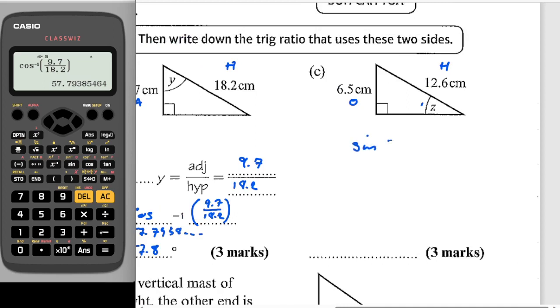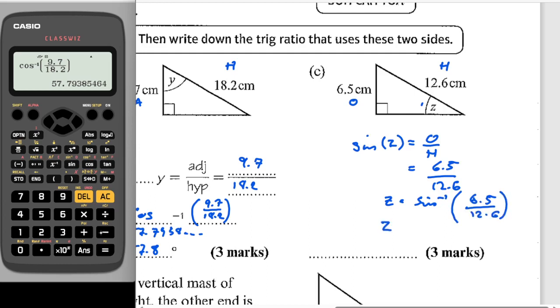Sine of z is going to be equal to the opposite over the hypotenuse, so O over h, which is 6.5 over 12.6, wrong way around before. So z is going to be equal to sine to the minus 1 of 6.5 over 12.6.